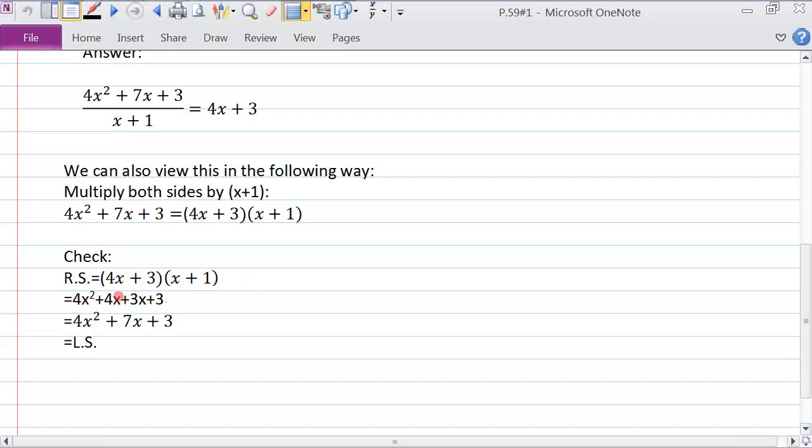I combine the inner and the outer because they're the same powers of x, x to the 1. So I get 7x. So the right side is 4x squared plus 7x plus 3. It simplifies to this. Now if I look at the left side, then it's equal to the left side.